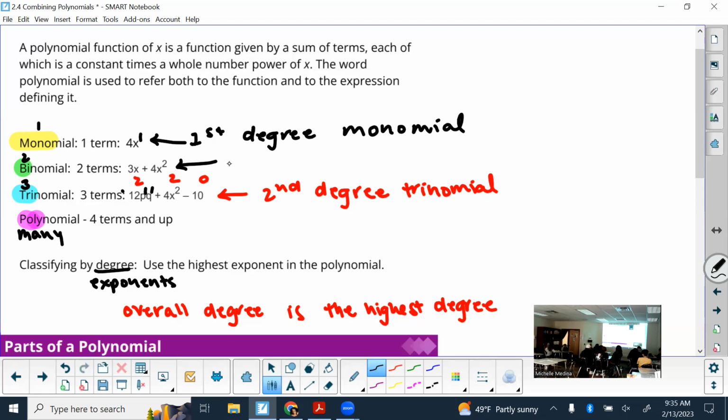Table 2, what's the overall degree on this? Degrees have nothing to do with the coefficients, guys. Table 3, do we know the overall degree?